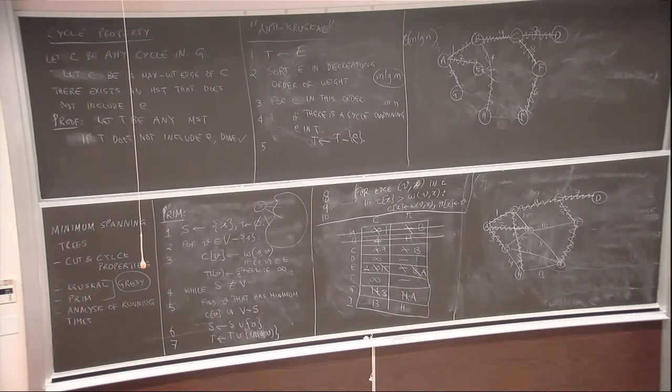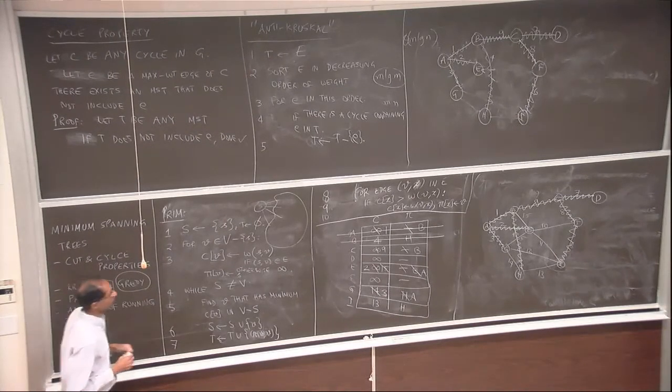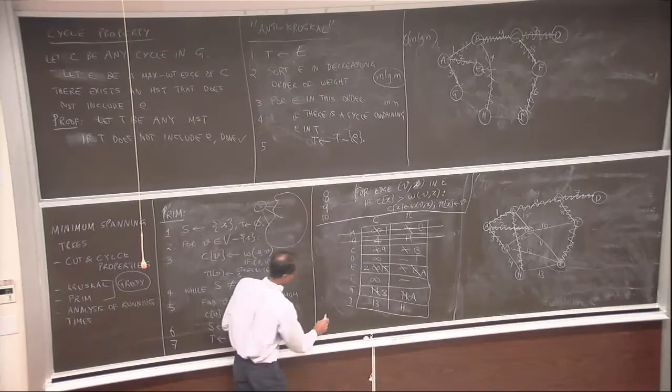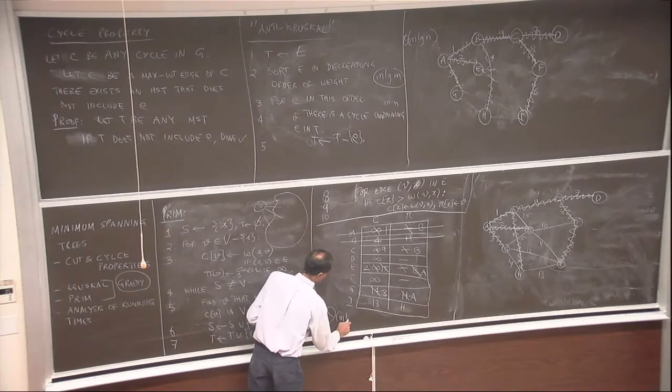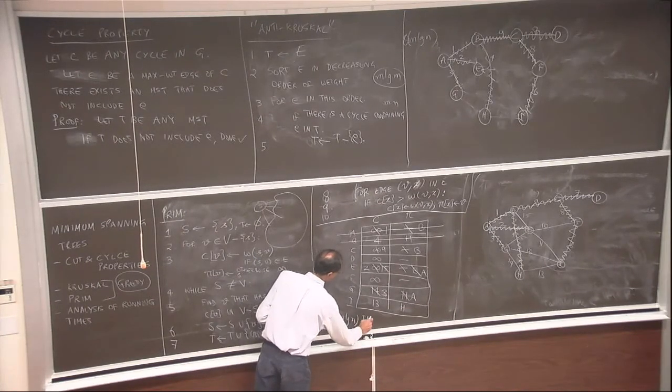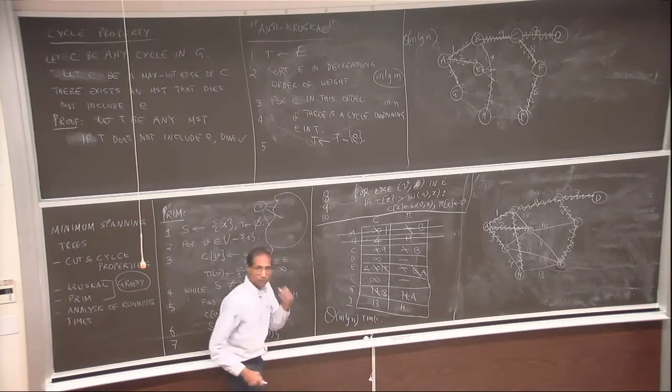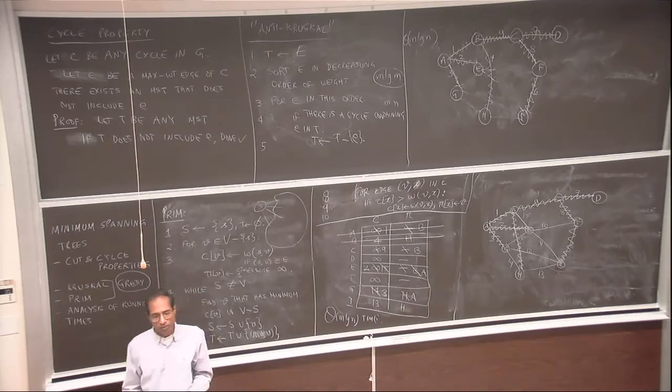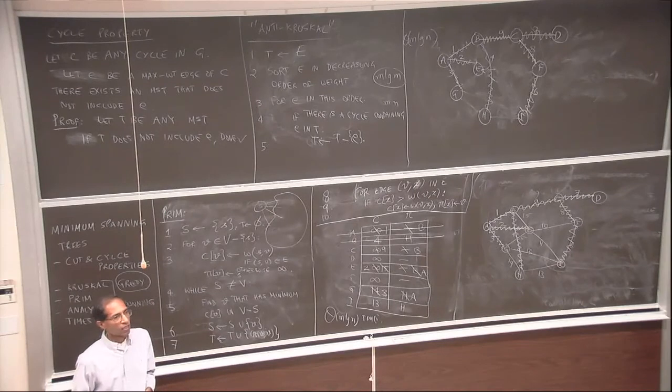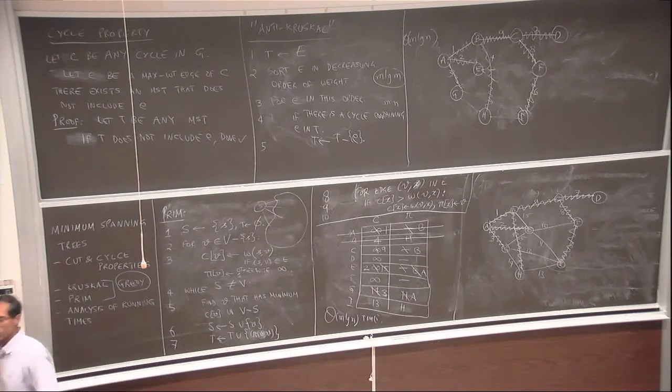Yes? Which is quicker for our, good question. We will see that Prim's algorithm can also be implemented in theta of m log n time. Okay? So there is no difference. Amazingly, even though this problem has been studied for 100 years, we still do not know that this is the best we can do. Okay, it's a beautiful open problem.